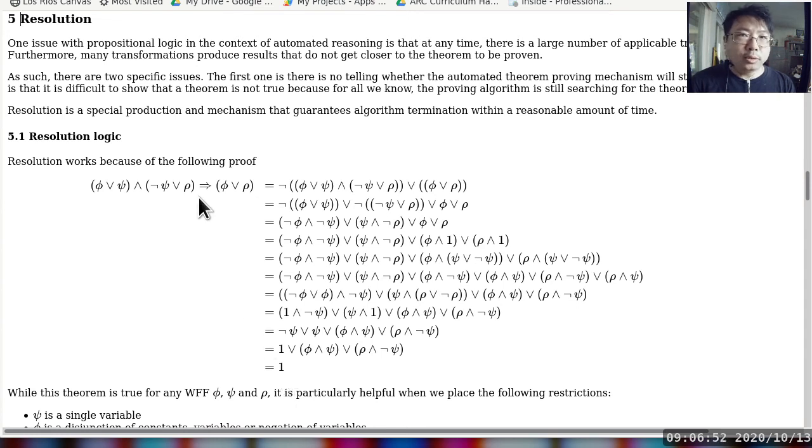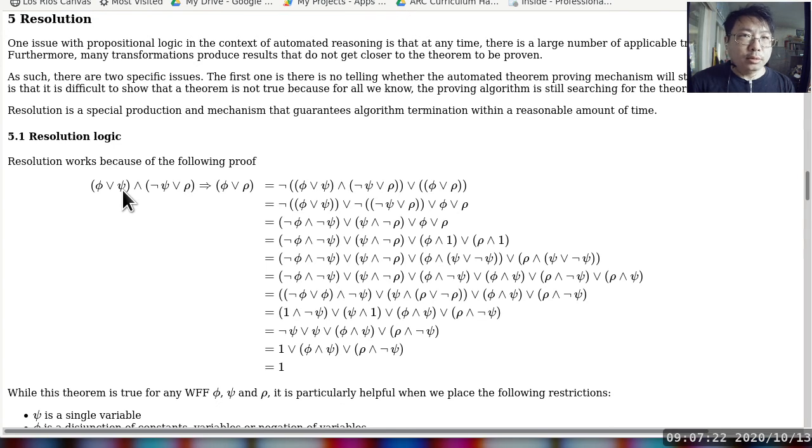Well, it is important because this implication is always true, which means if you can find two disjunctions, where one contains psi and the other contains the negation of psi, then they quote unquote cancel out.